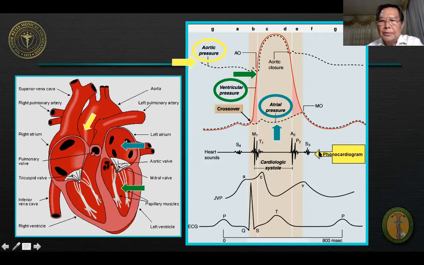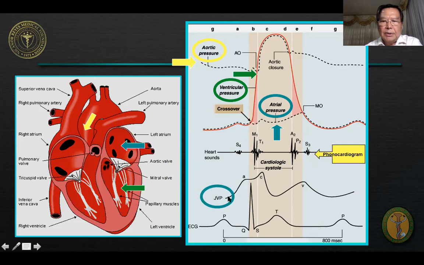So this is your phonocardiogram, which would give us the components of the heart sounds. These are your first and second heart sounds, and perhaps some abnormal sounds, which are your gallop sounds, or your S3 and your S4, which are your gallop sounds. Okay.